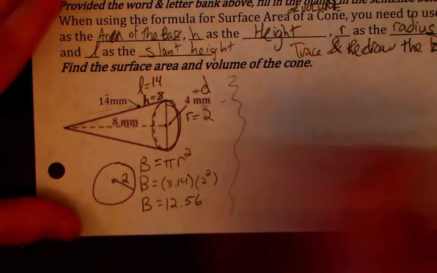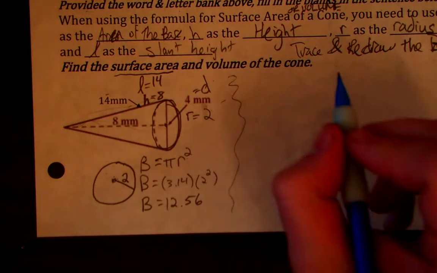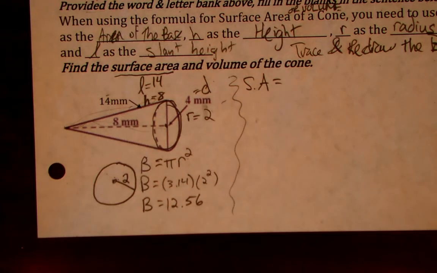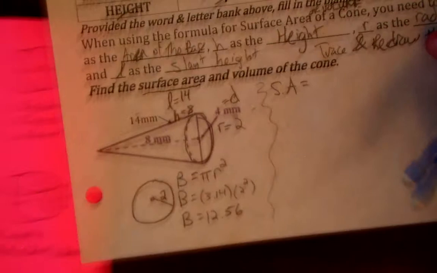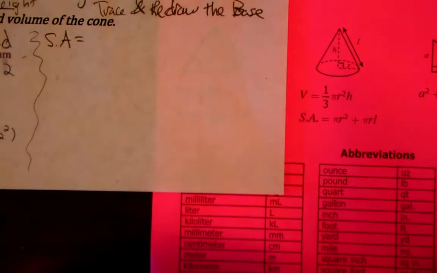So let's have that formula for surface area. And let's see here. We have surface area is equal to, let's bust out that wonderful formula sheet that we have for ourselves, and let's see if we can line it up. All right.